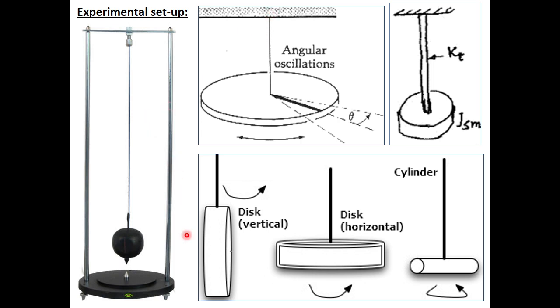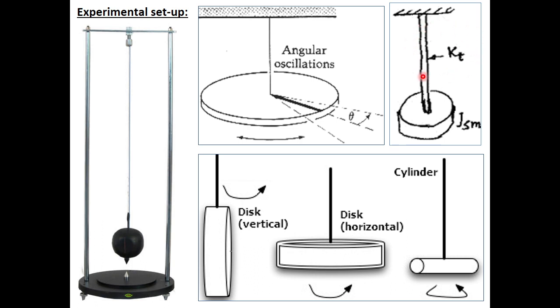Understand? This is a simple pendulum. This is a torsional pendulum. In the simple pendulum, oscillation takes place due to the gravity force. In the torsional pendulum, oscillation takes place due to the restoring force of this particular wire or rod, which has a certain torsional stiffness.